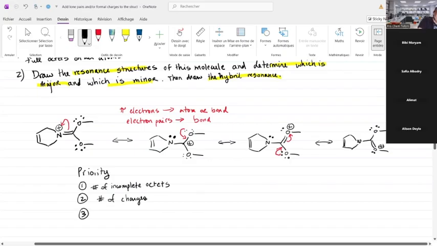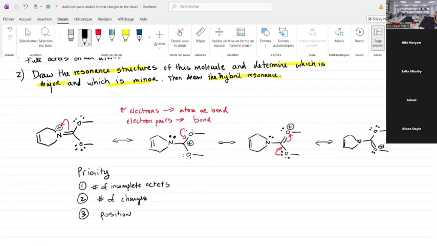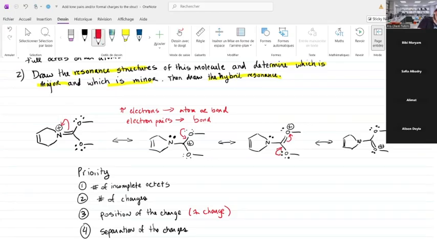Third, you want to look at the position of the charge. This is true when you have one charge in your resonance structure. And fourth, you want to look at the separation of the charges. This is when you have 2 charges.